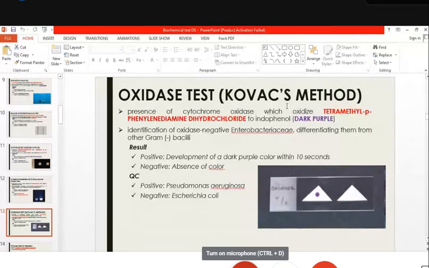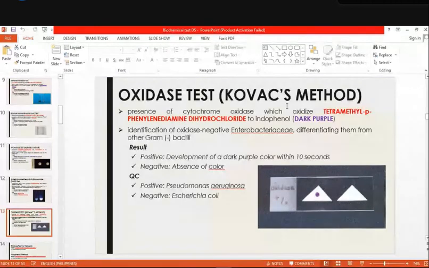Oxidase test? Anong ating reagent? Reagent ng ating oxidase test? That is the presence of the enzyme.